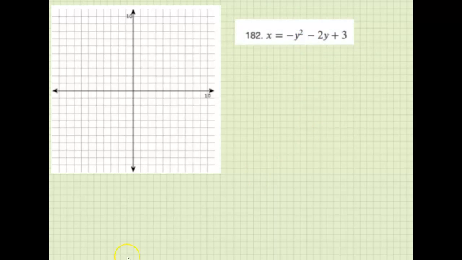If you look at this, it has y squared but not x squared, so this is a parabola. Because it's x equals y squared with the negative, it's turning sideways to the left. All right, so let's find the vertex.